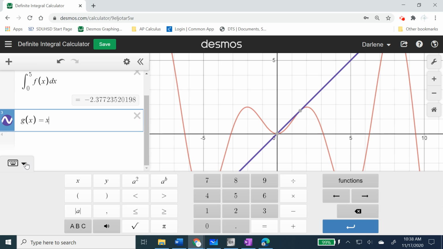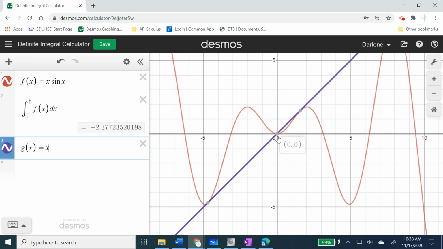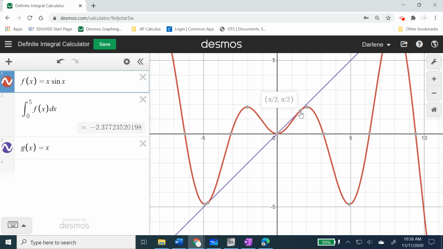Now, if you're using Desmos, you are able to hover and see the intersection points. And if you're hovering and you don't see them, like this, you need to click on something and eventually you'll be like, oh, there they are. And you can just hover and see them.